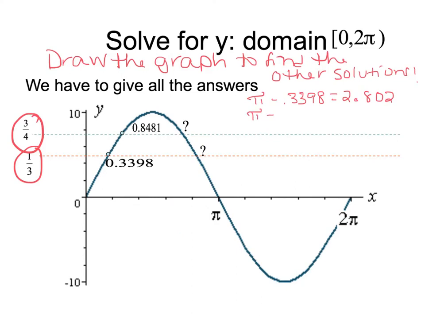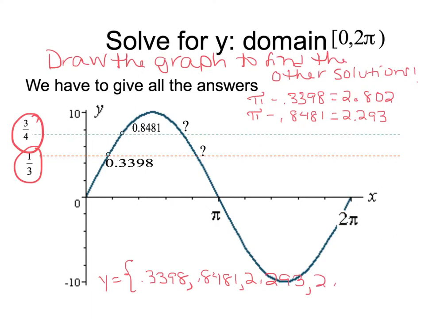And then pi minus 0.8481 is 2.293. So our 4 answers for this, y equals, in numerical order, here's my set: 0.3398, 0.8481, 2.293, and 2.802. There we go.